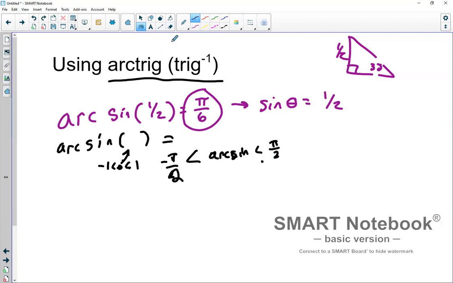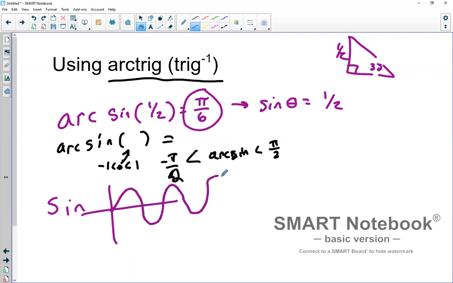I did the other relationships in the notes, so look at that. I just want to talk about why it has to be -1 to 1. Remember, in a normal sine graph, what's the range? It starts at 0, goes up to 1, goes down to -1, goes up to 1, goes down to -1, and so on.